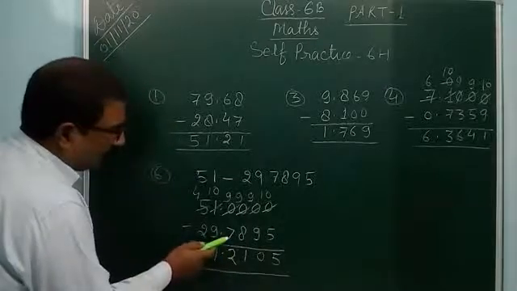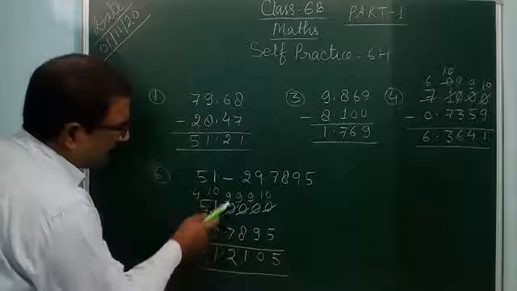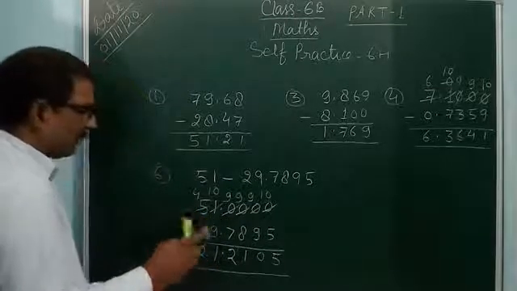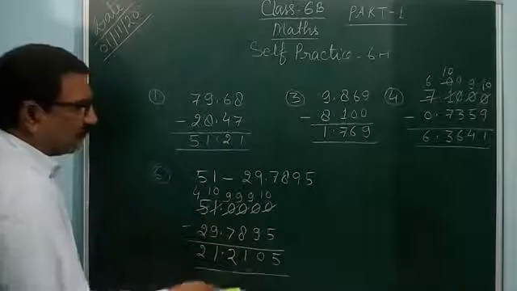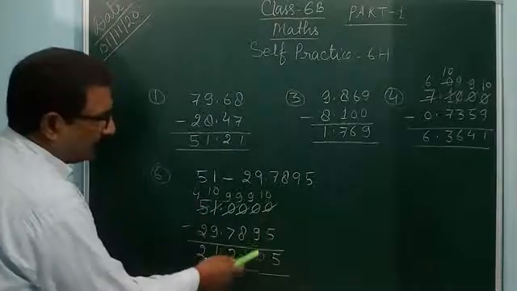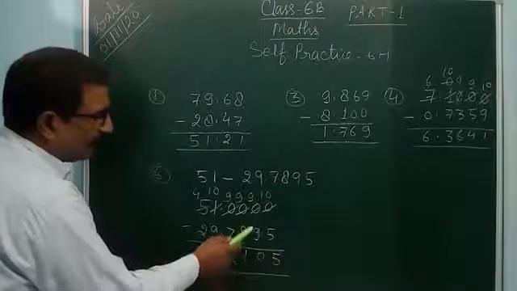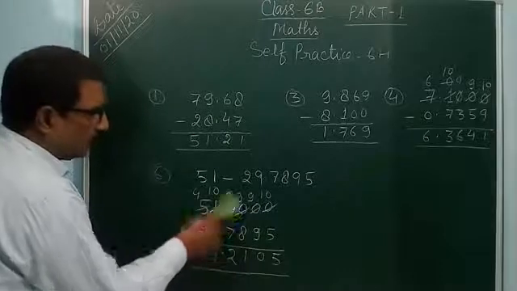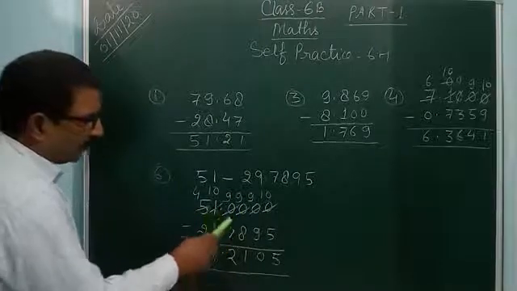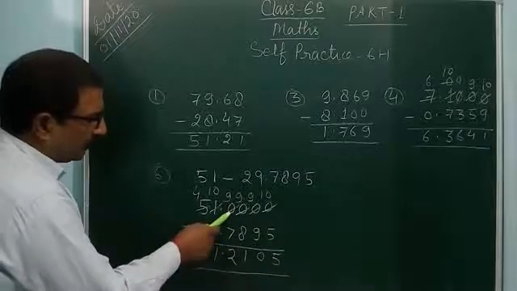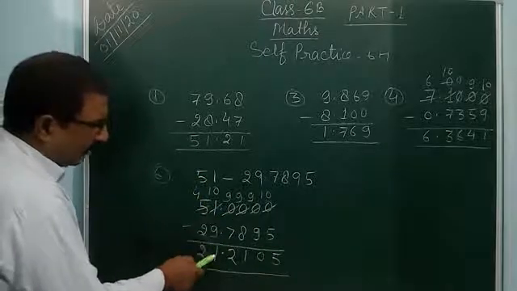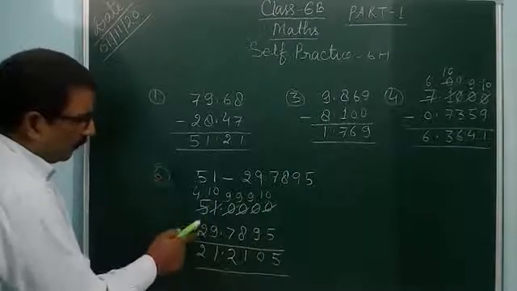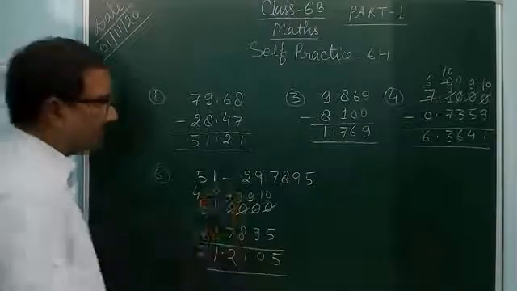You can check: 7 and 2, 9, and 1, 10, 0, 1 carry. 9 and 1, 10, and 1, 11, 1 carry, and 2 and 4, and 1, 5. So you can check like that.